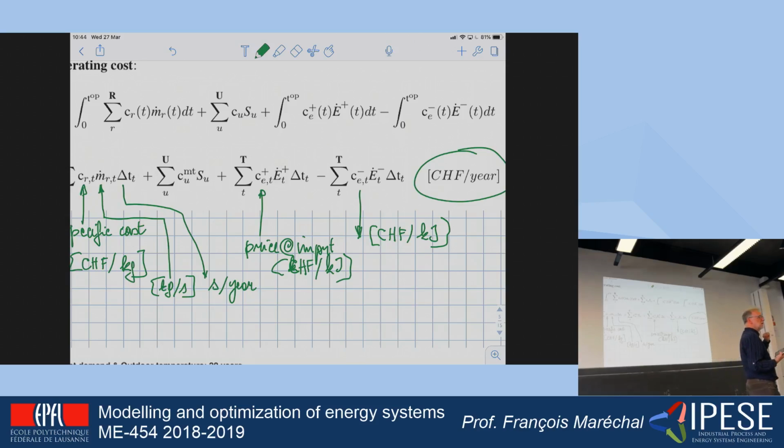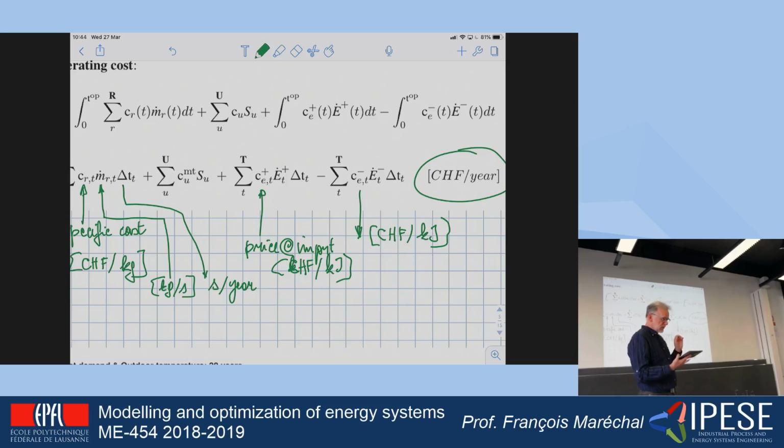So it might happen on the electrical market that there are periods in the year where there is too much electricity, so it means that people buy electricity at a negative price. It might happen that the market goes in this direction. That's why the electricity price that we are going to use can be a function of the time at which we consume.